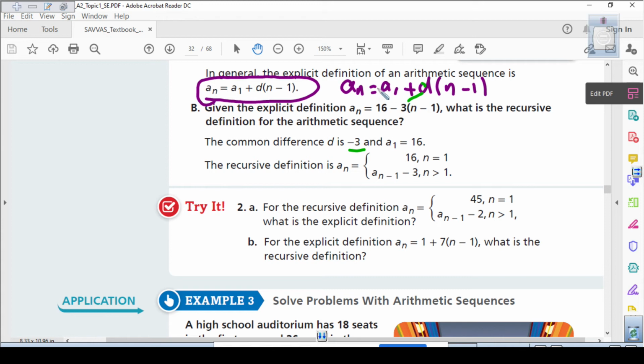I don't have to guess. It's here. A sub 1 is going to give you 16. So you give me a sub 1, which is again here, and that gives me the ability to do the recursive from there. Because I know a sub 1, which is that, and I know also it's a sub n minus 1 minus the 3, which is the d, the distance here.